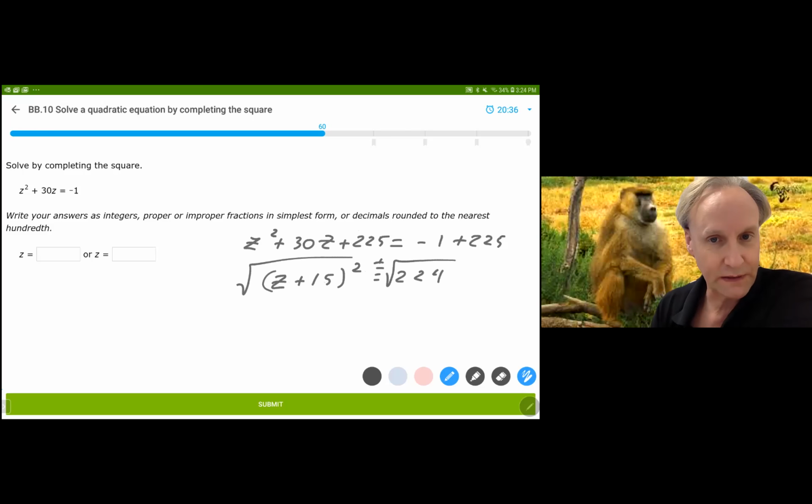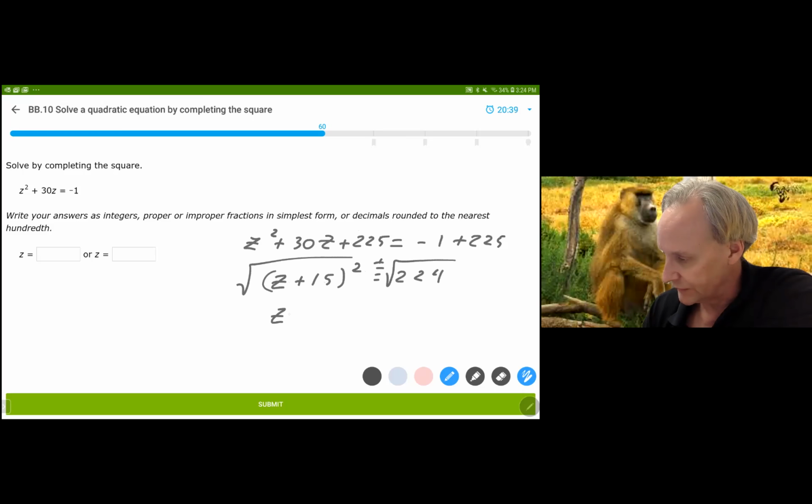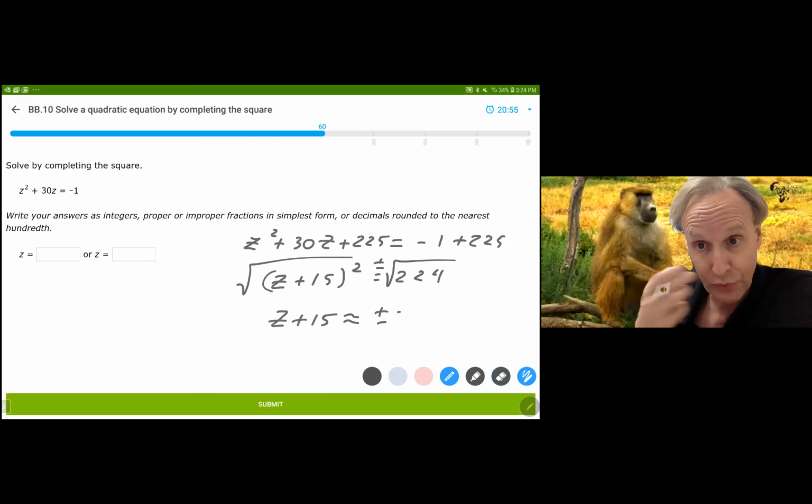Really close to 15, isn't it? So z plus 15, God, that's ugly. Let me fix it. z plus 15 is going to be approximately equal to plus or minus the square root of 224, which is about 14.9.